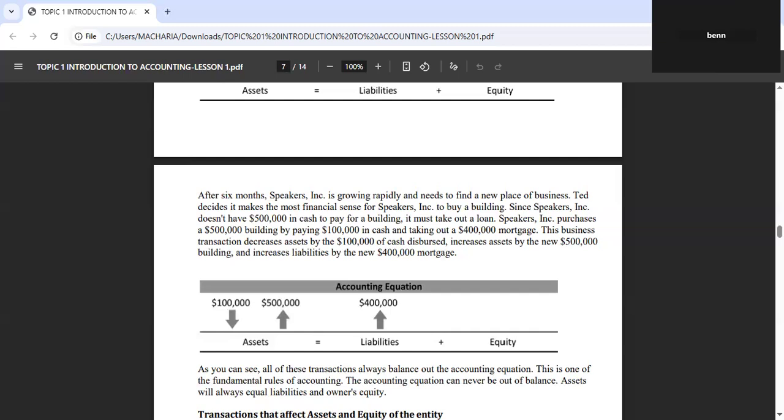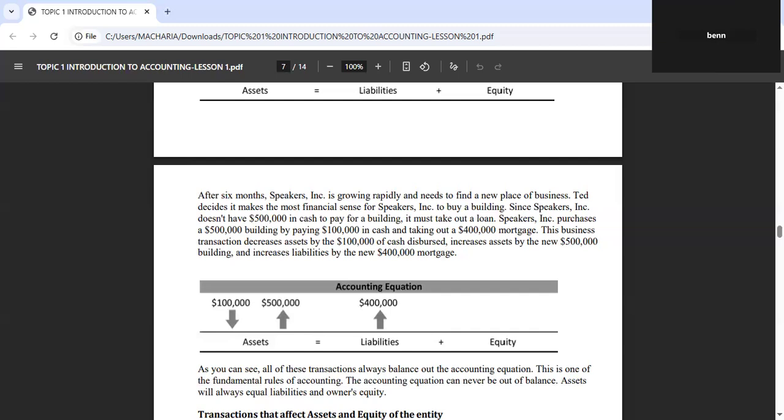From the line of business, this business wants to buy a building, but it does not have enough money. What does it do? It goes for a mortgage. So when you go for a mortgage, it is a loan you're going to take from the bank, meaning this mortgage will come as a liability, but you record the building which you have acquired through that mortgage.